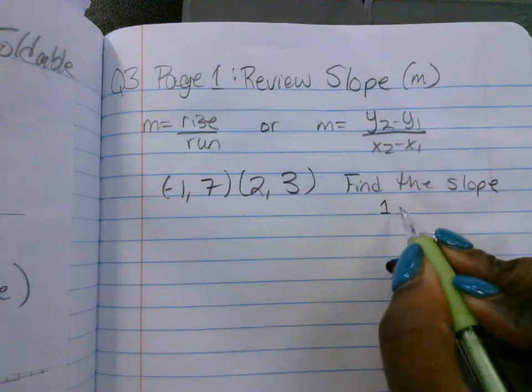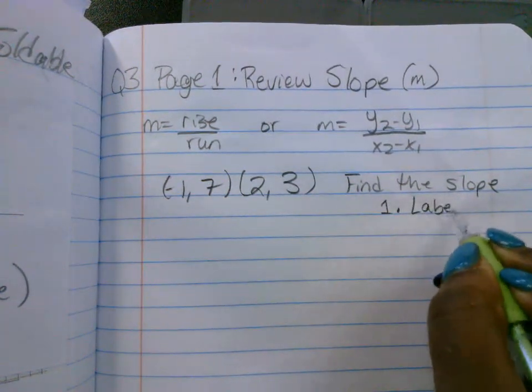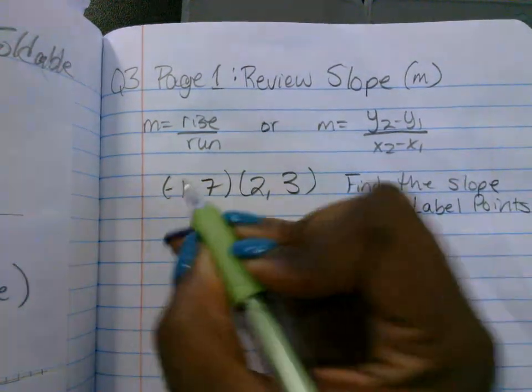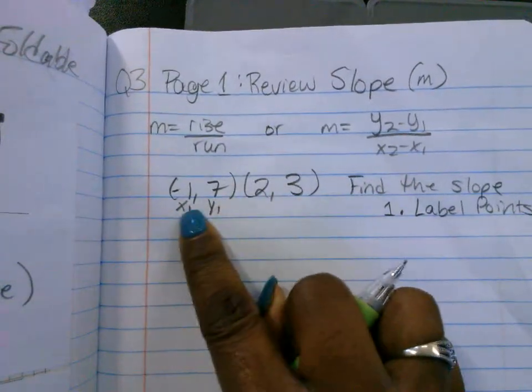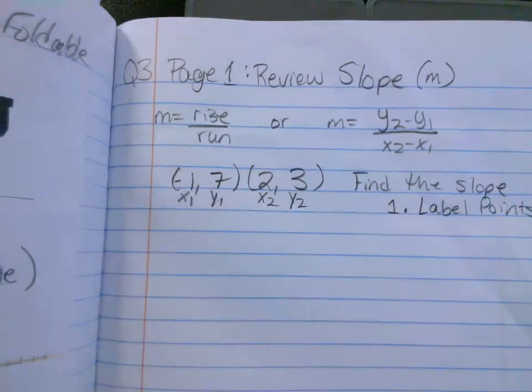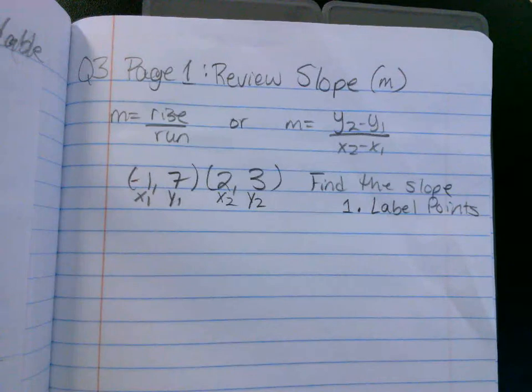The first step is to label the points. So we label this as x1, y1 because it's the first point. We label this as x2, y2 because it's the second point.